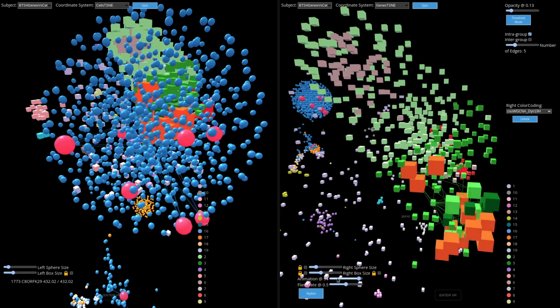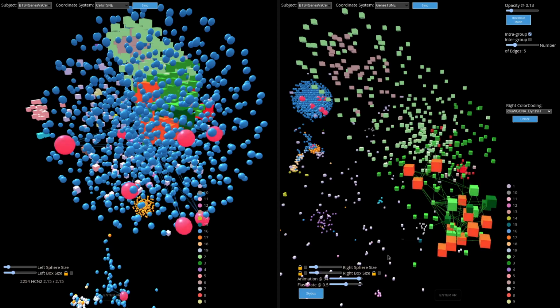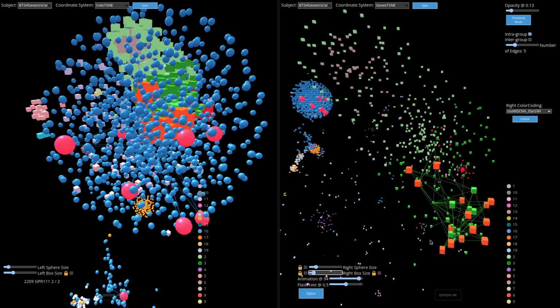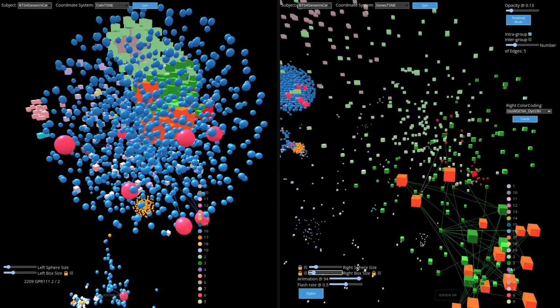And maybe make some of these a little smaller. A little smaller. You really see the connection network there.